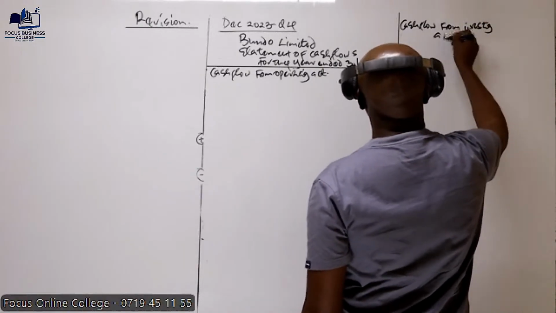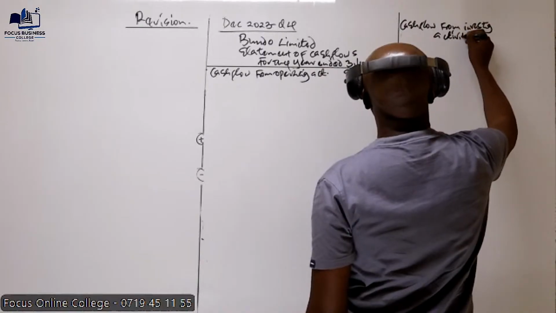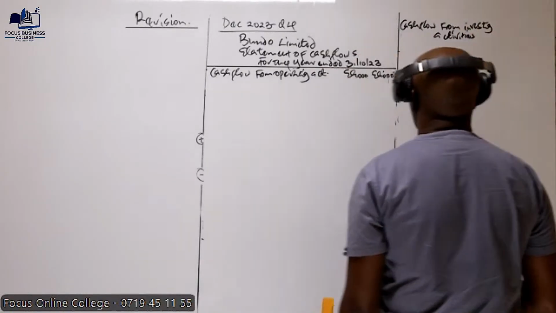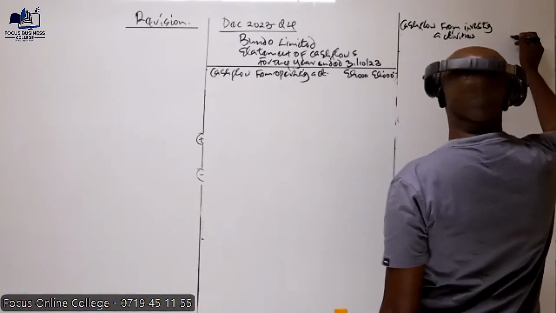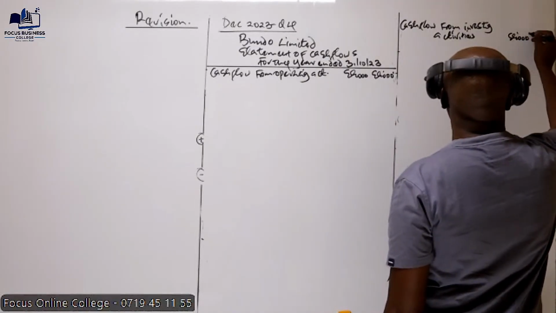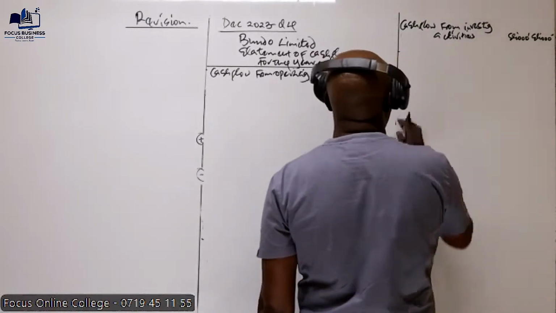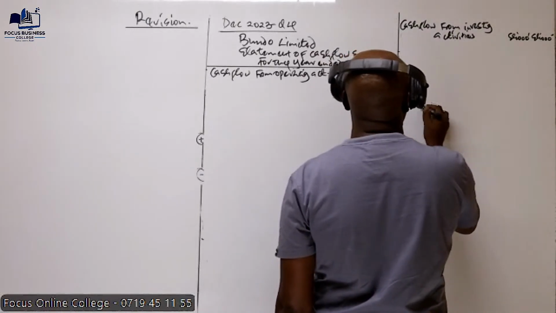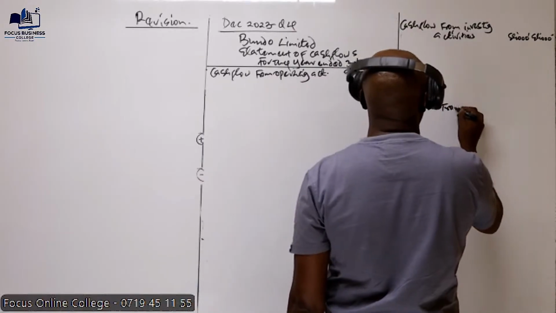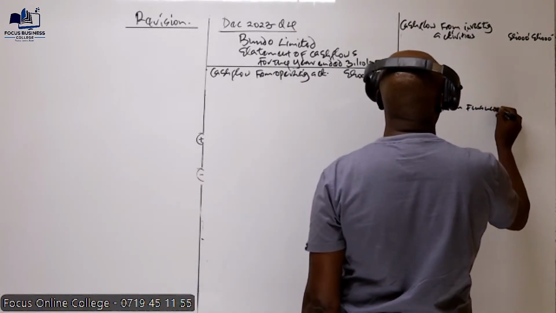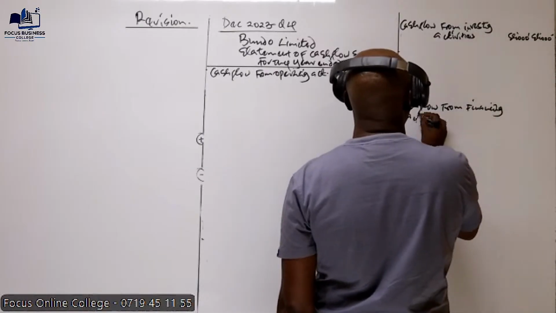Then from there, we will determine the cash flow from investing activities. What do we consider here? We consider the assets which were acquired, the assets which were sold, plus any income from investment. Then from there, we determine the cash flow from the financing activities.